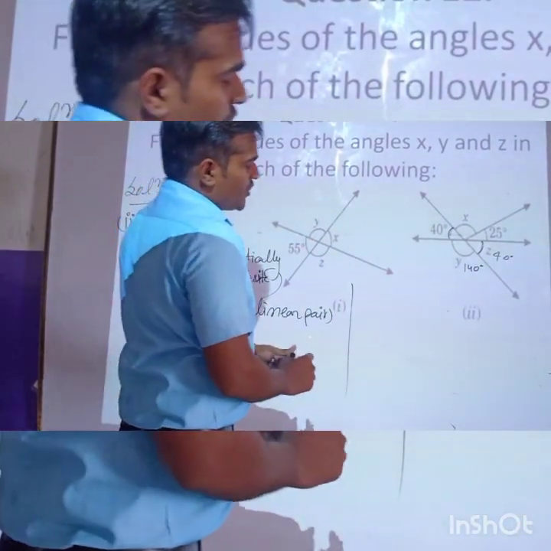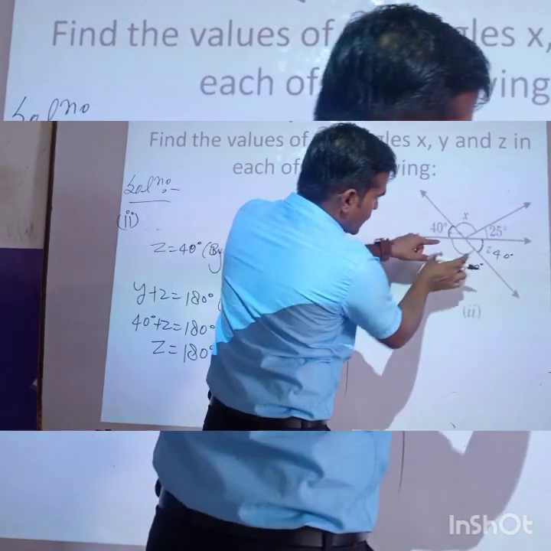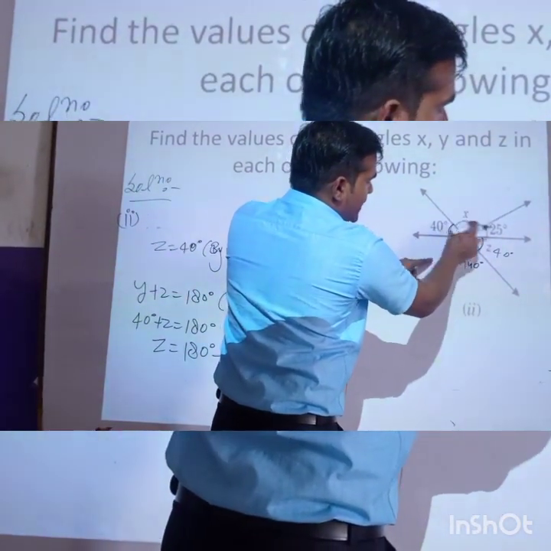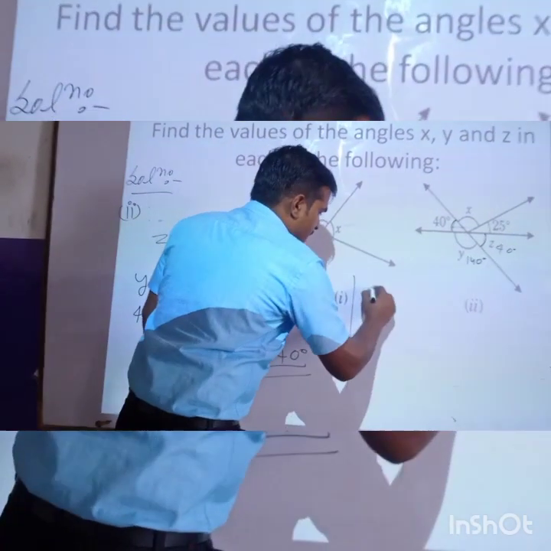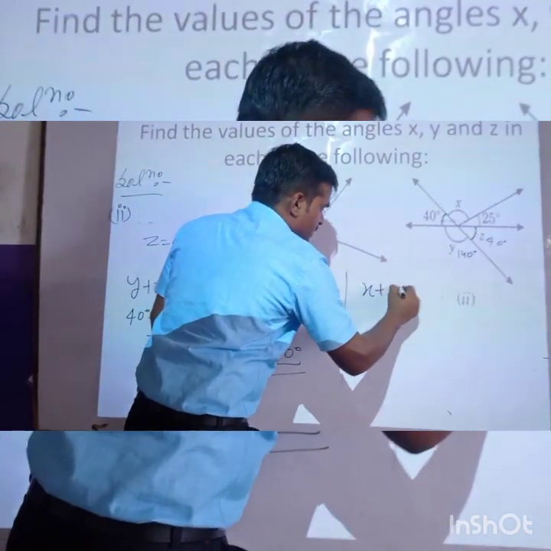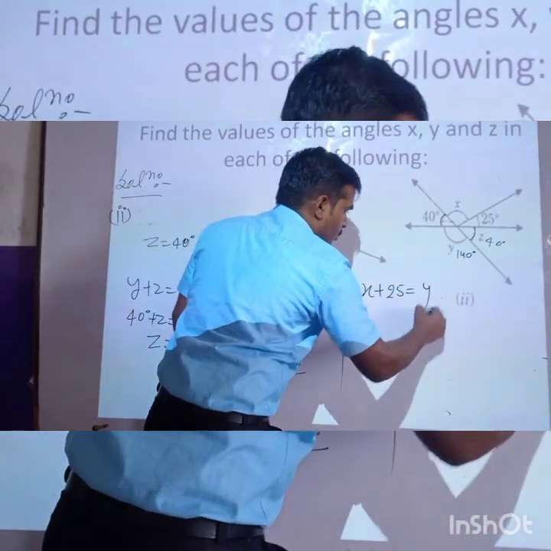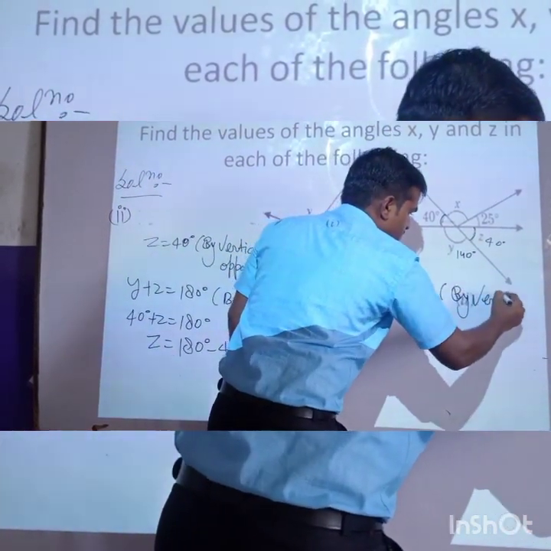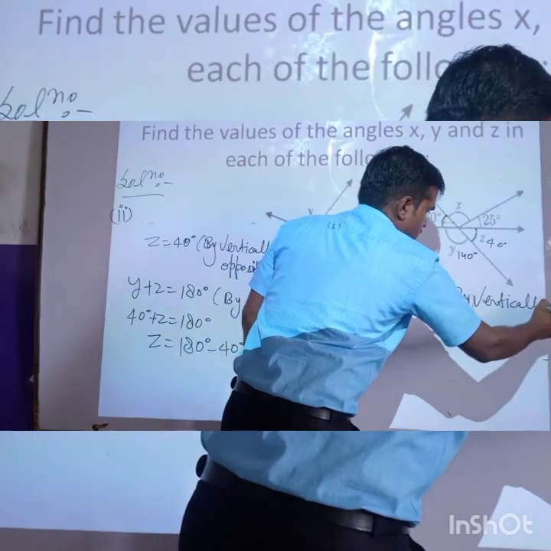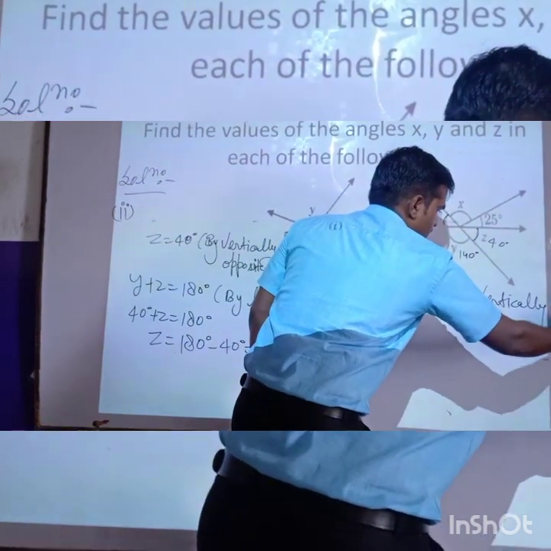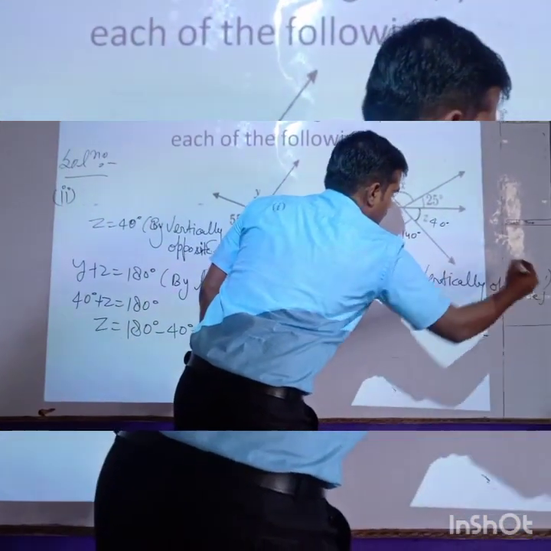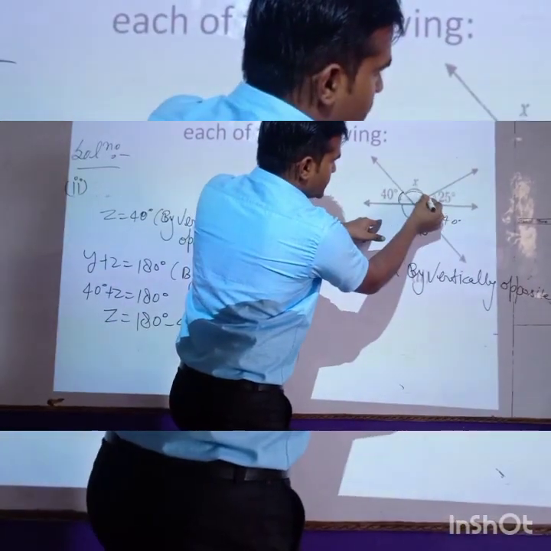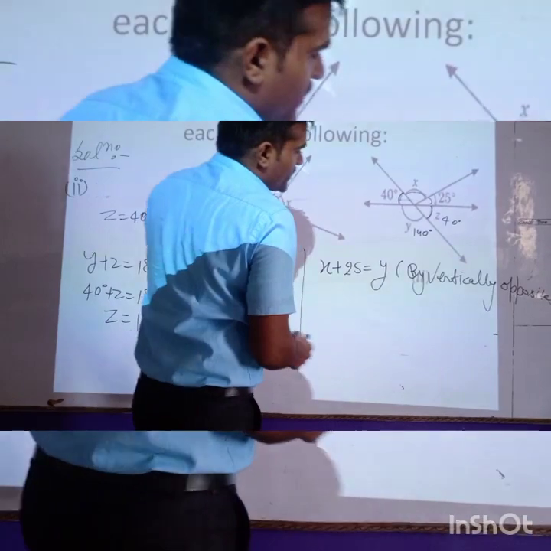We have to find the value of x. Since this y is vertically opposite to x plus 25, x plus 25 is equal to y. How? By vertically opposite angles, angle y and x plus 25 are both vertically opposite.